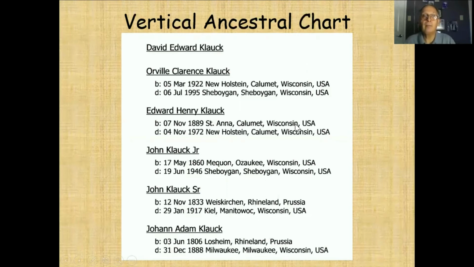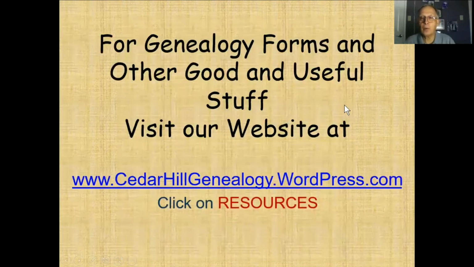So anyway, lots of genealogy forms, some census extracts. We've got an index to persons of color in southwestern Dallas County in 1870 on there. And this is our website, and click on resources. You can get to our website by going to our public library site, Cedar Hill Library.